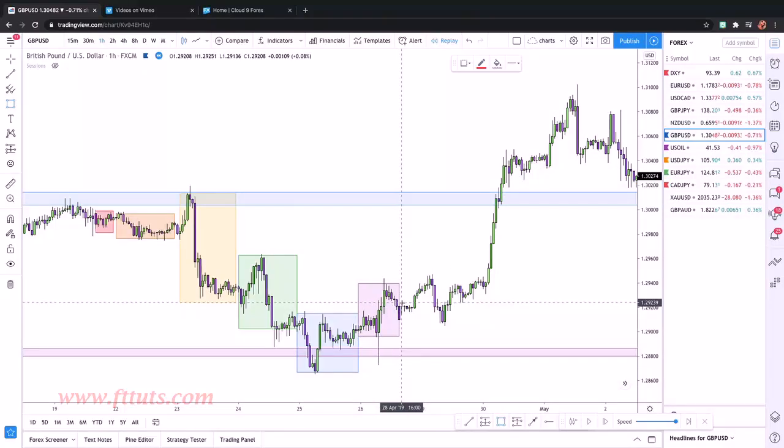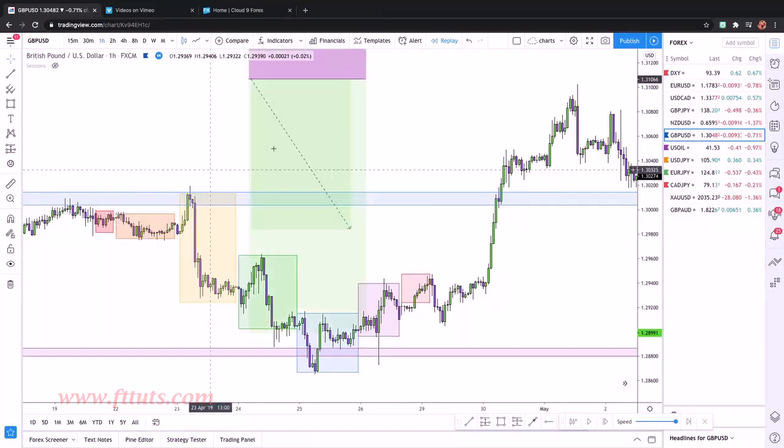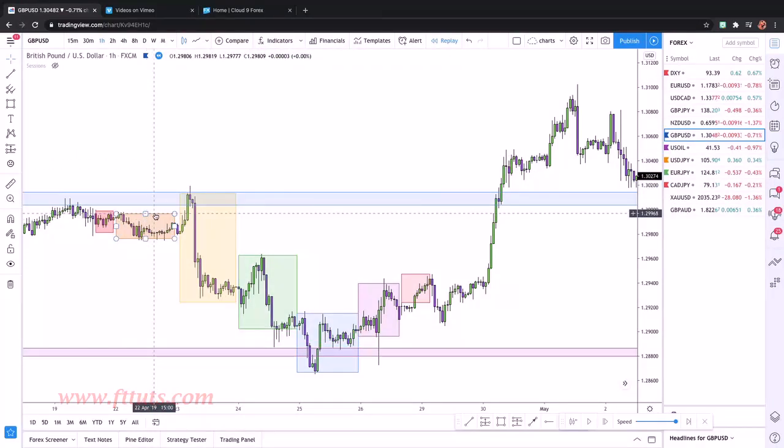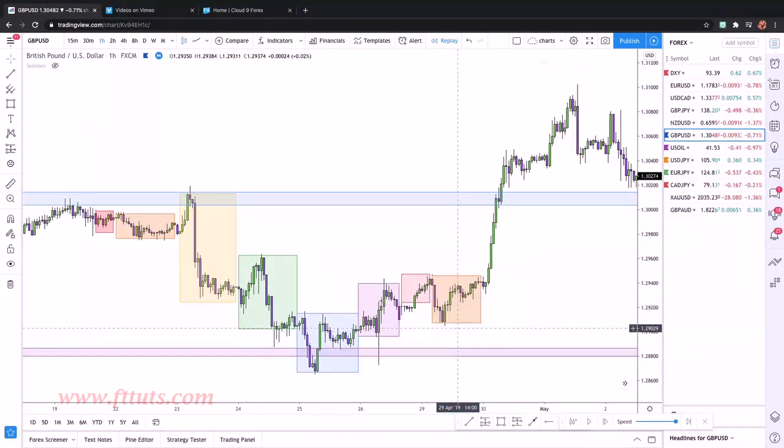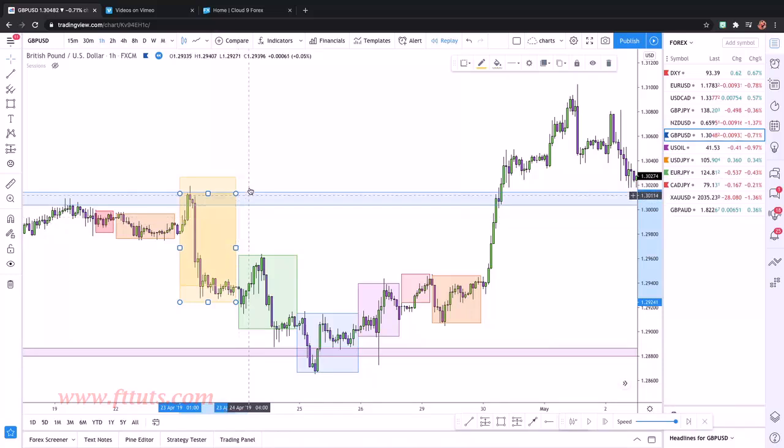This is Sunday. Then the 29th comes in, which is Monday. So Monday goes to here. This is Monday's movement. Then we have Tuesday come in.